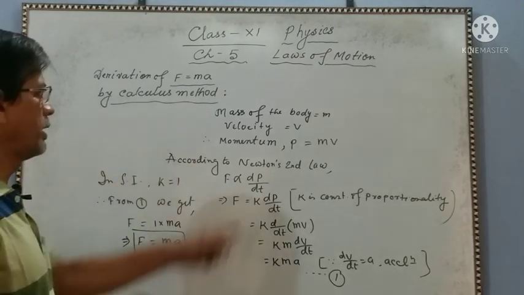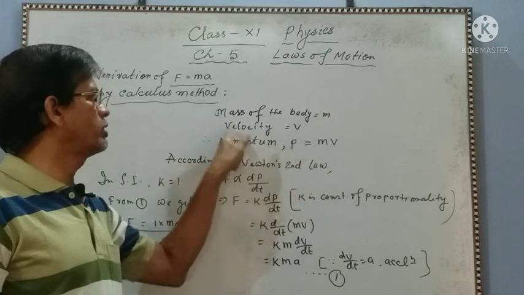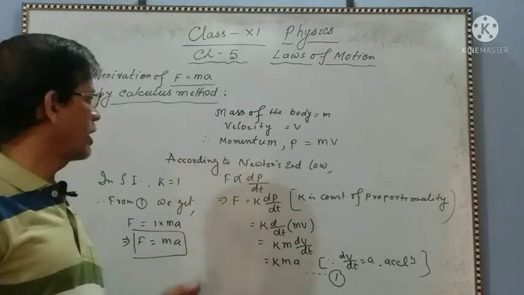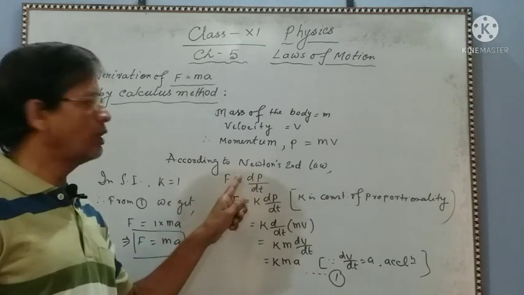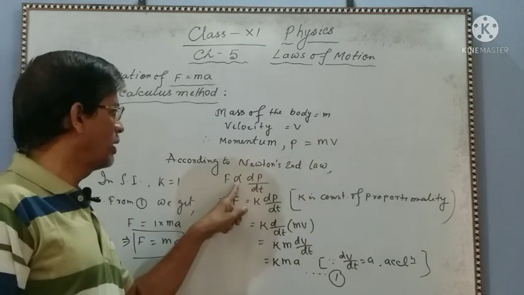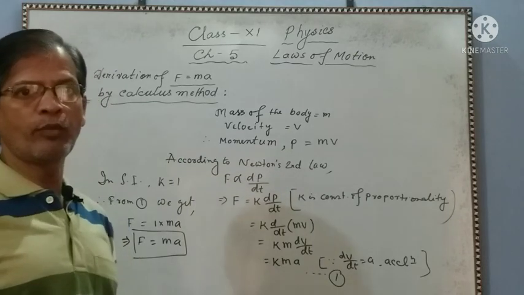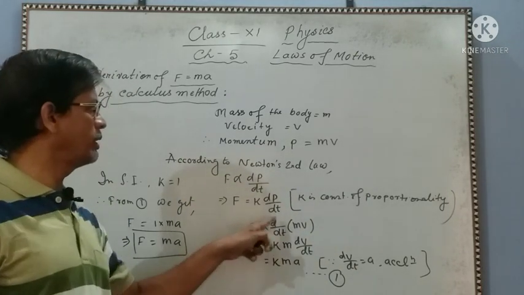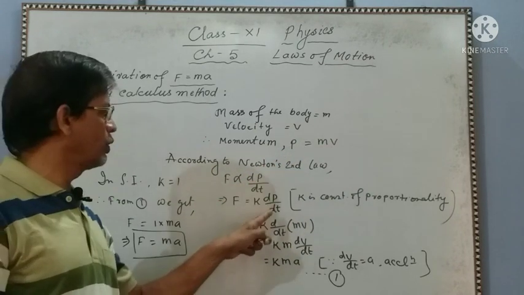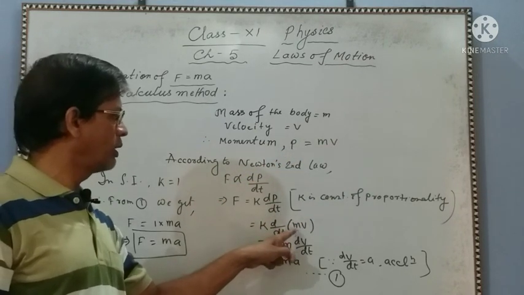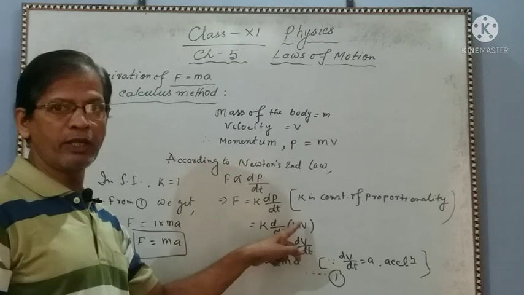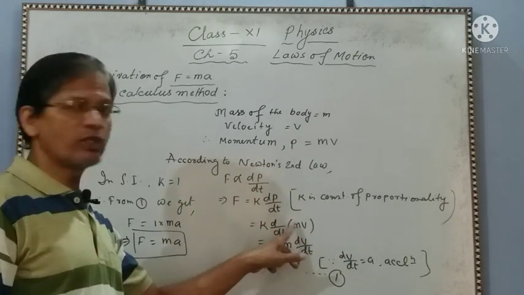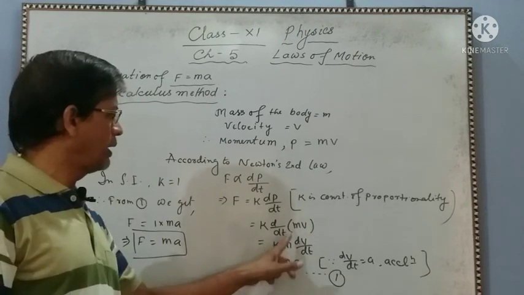So first, mass of a body is m, velocity is v, momentum is mv. According to Newton's second law, F is proportional to dp by dt. First we make it an equality by taking a constant k dp by dt, but P is mv. We put mv in place of P. So m is constant, coming out, and dv by dt.